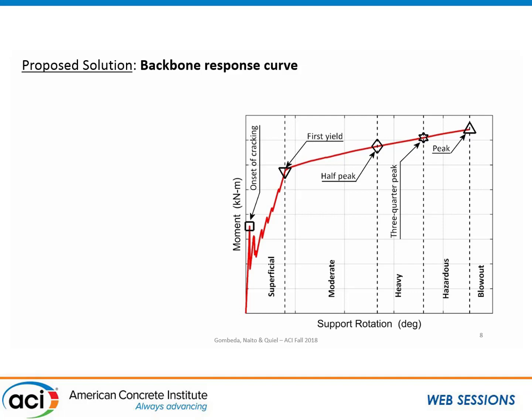And we've looked at yield, peak, and two other response limits in between. And this is meant to be compatible with current SDOF approaches. We're not doing anything outrageous here. We're still doing support rotation, ductility, that kind of thing. But at the same time, we're trying to use realistic, more compatible definitions of what the exact panel sees as opposed to just prescribing something.